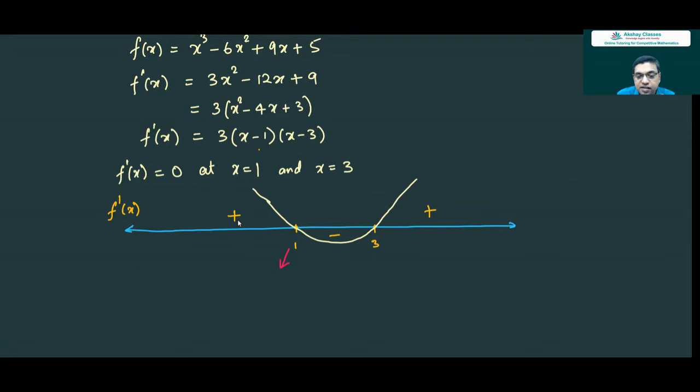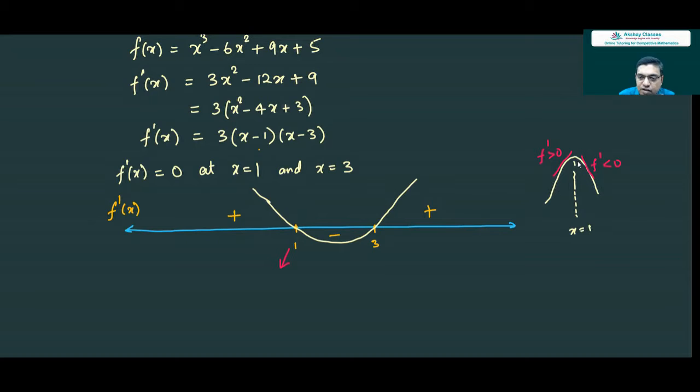Now at this particular point, f dash x at x equal to 1 is changing its sign from positive to negative. So f dash x changing from positive to negative means, at x equal to 1 in the real graph of f of x, your f dash is changing from positive to negative when you move across x equal to 1.